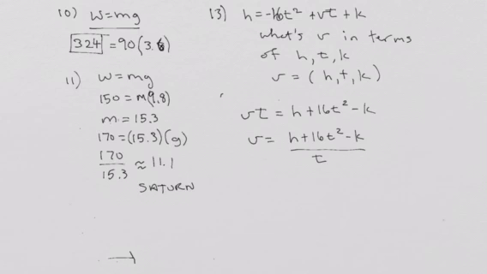We could go ahead and do that division. I could really think of this as h divided by t, and this divided by t, and this divided by t, but the correct answer, if you look for it, is h minus k over t plus 16t, because one of the t's canceled up there.